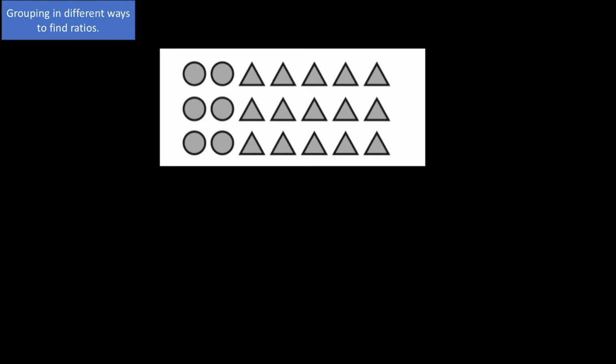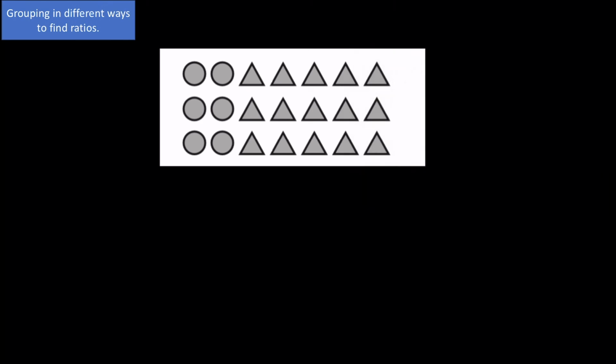How would you divide this without actually having to cut it up? The ratio would be 2 circles here to every 5 triangles. Now if I was going to divide this into sets, I would divide it this way. To me, it's just very easy to see and easy to group.